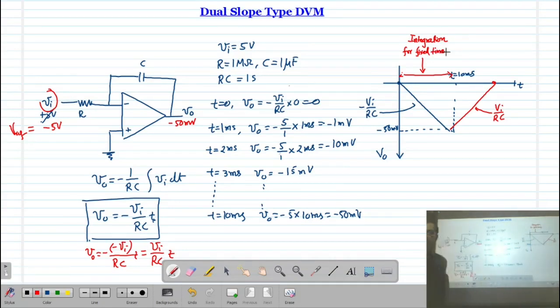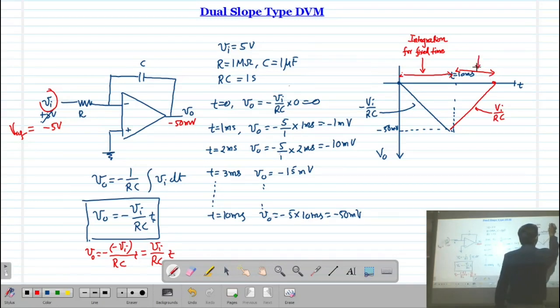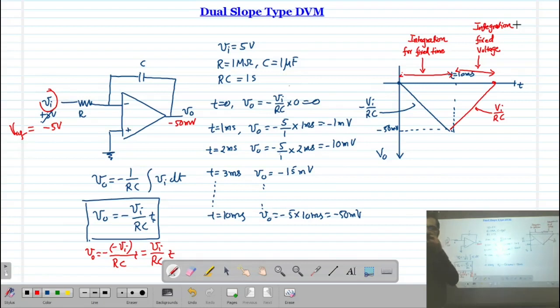Integration for the fixed time. And then the second integration will be an integration for a fixed voltage. So you have to remember this thing. First of all, we are integrating for a fixed time period, and then we are integrating for a fixed voltage.